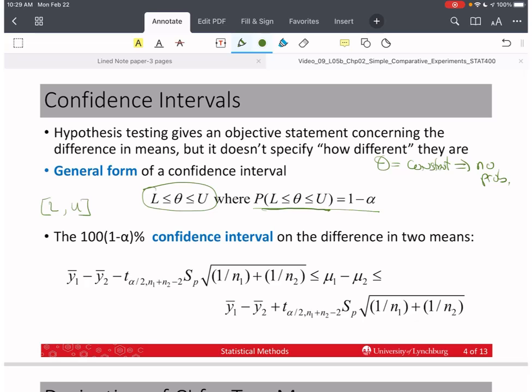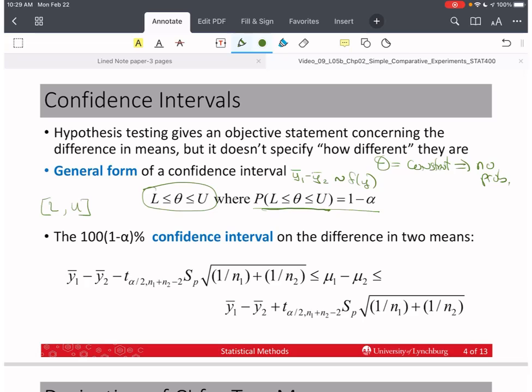So where does the probability come from? It comes from our test statistic, and specifically from the two statistics, y1 bar minus y2 bar, and that has a certain distribution. We could call it f of y, and this has a distribution.